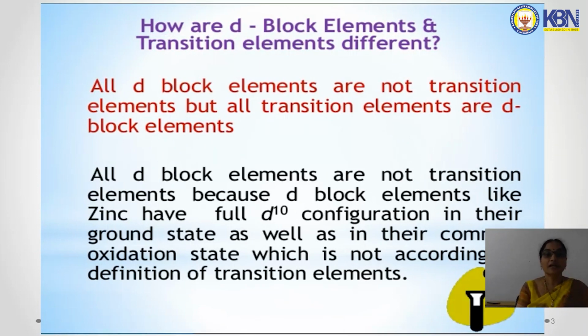This is the reason d-block and transition elements are different. Zinc has a d10 configuration, which means the d orbital is completely filled, so it is a d-block element but not a transition element, because a transition element has a partially filled (n-1)d orbital.